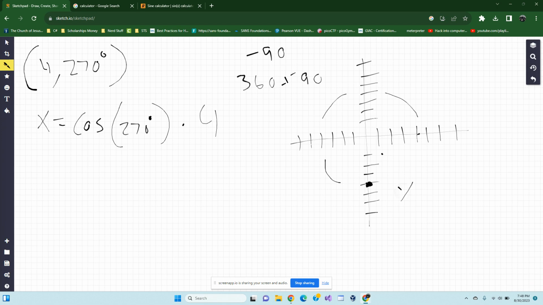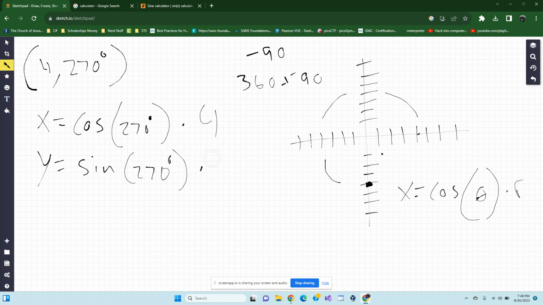So here, x equals cosine of theta times r. And then y equals the sine of the angle times 4. So write those down, or make sure you remember it for the test. Remember, x is cosine, y is sine.